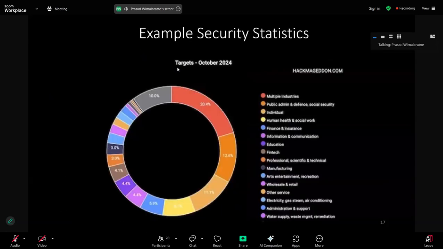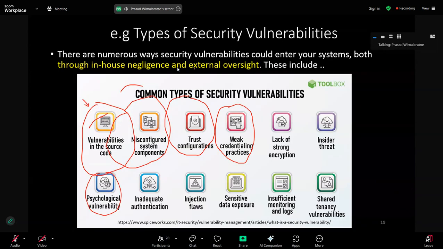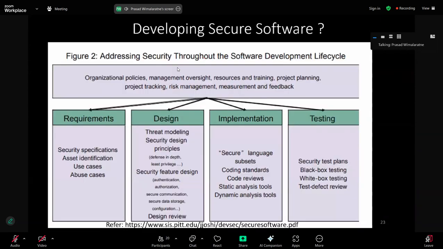Going on, I said we need to have security activities throughout the life cycle. At a very simple abstract view, this is what we can see.